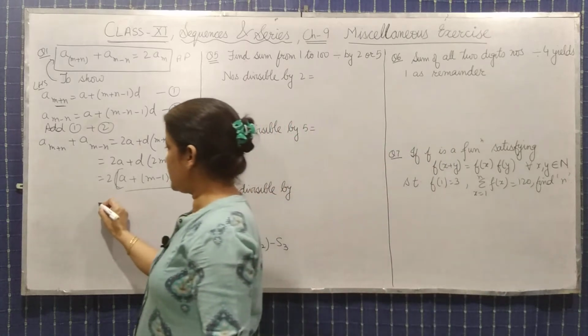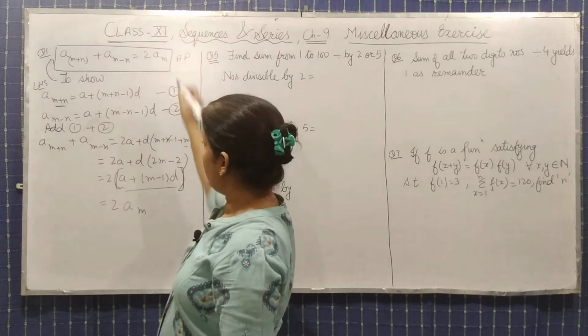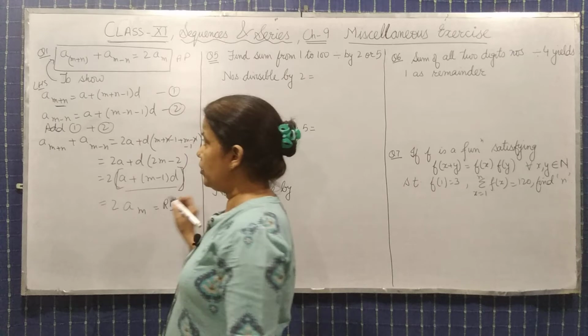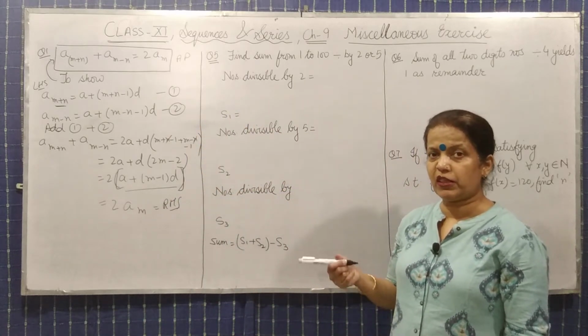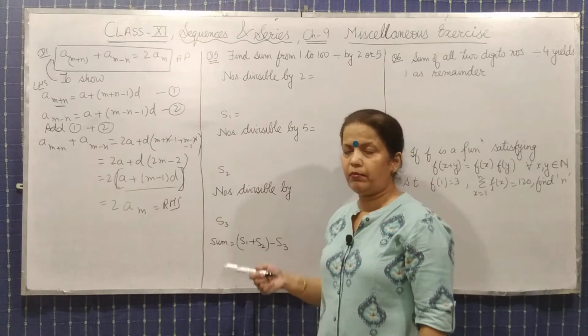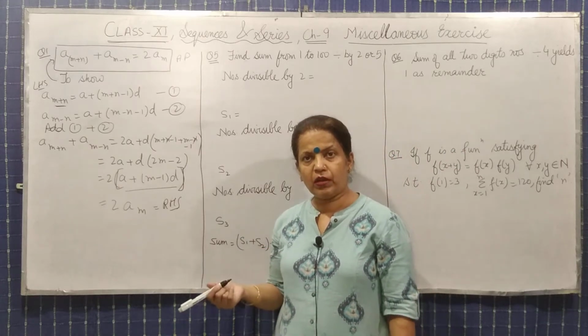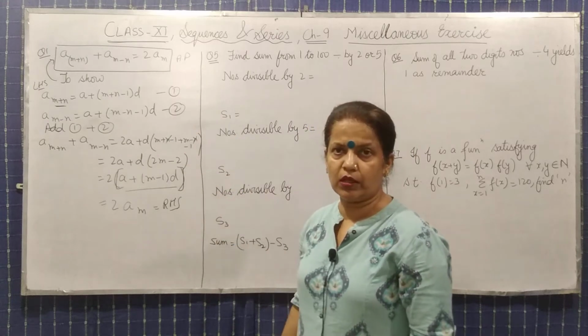So this equals twice the mth term, and this is what we had to prove. This equals the RHS. So what we did: the sum of the (m plus n)th and (m minus n)th terms, use the AP nth term formula and add them together to get the result.